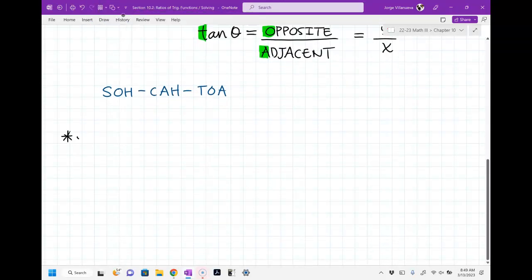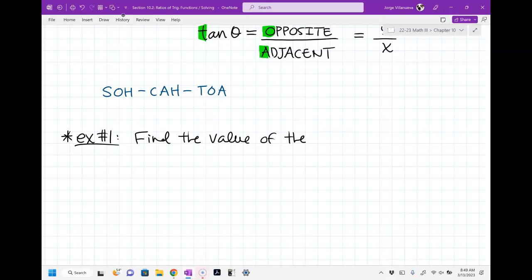So this is example number 1, and this says find the value of the trig function. We'll try doing at least 3 examples, one for sine, one for cosine, one for tangent.